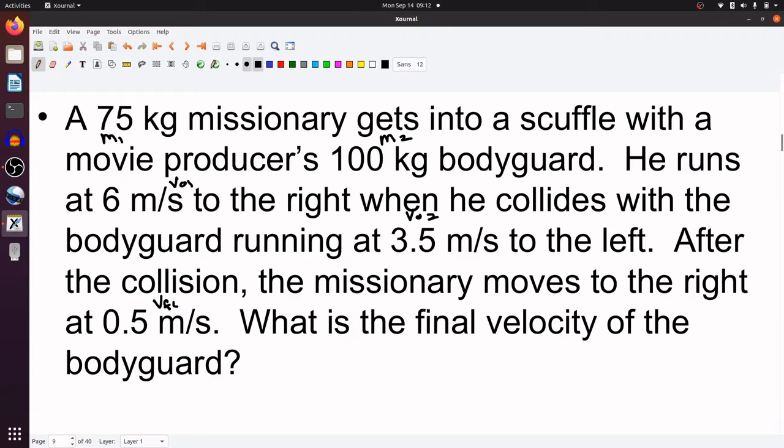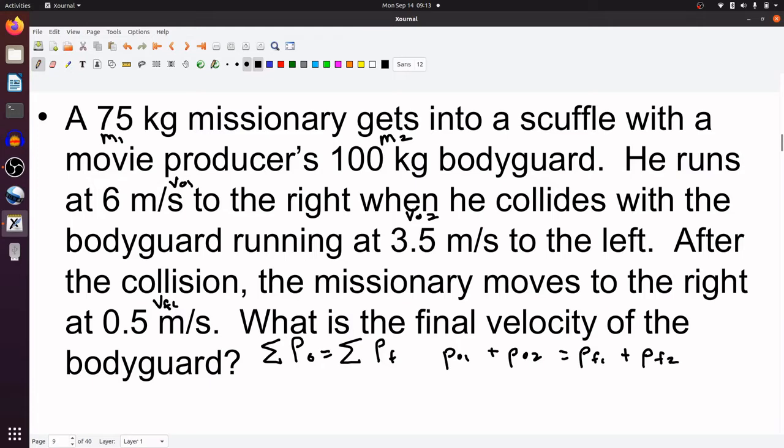We take the sum of all of my initial momentums and set it equal to the sum of all of my final momentums. Meaning, the initial momentum of 1, the missionary, plus the initial momentum of the bodyguard is equal to the final momentum of the missionary and the final momentum of the bodyguard.